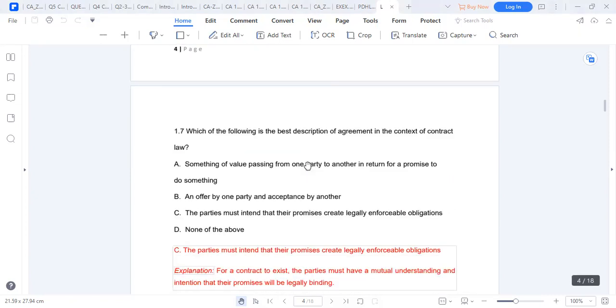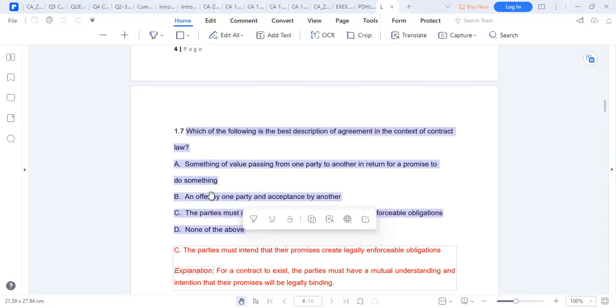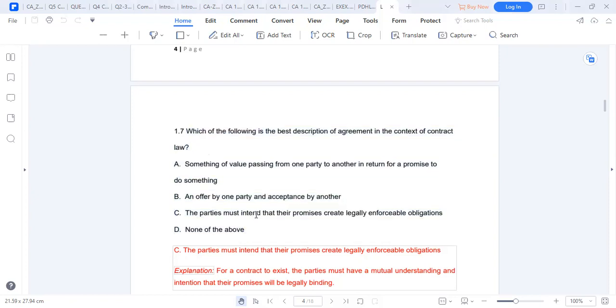Then we go to 1.7. Which one of the following best describes an agreement in the context of contract law? A, something of value passing from one party to another in return for a promise to do something.